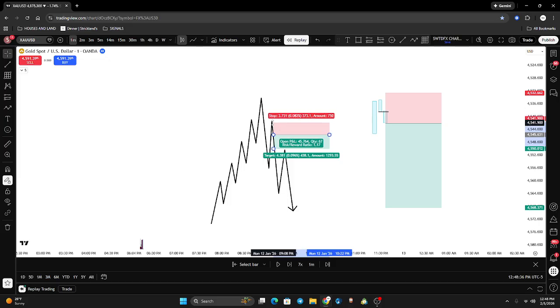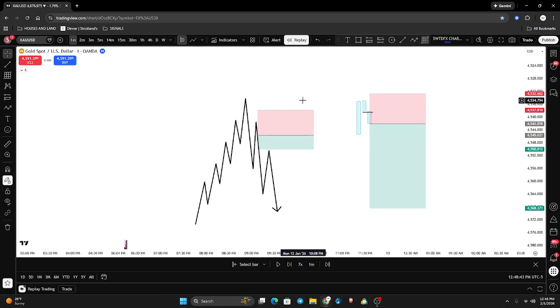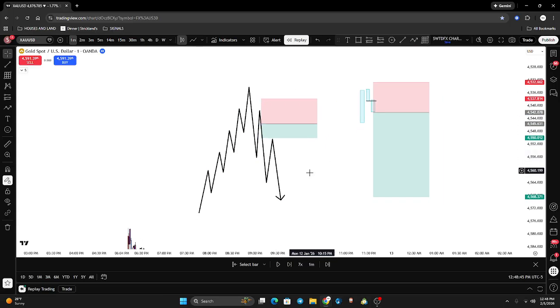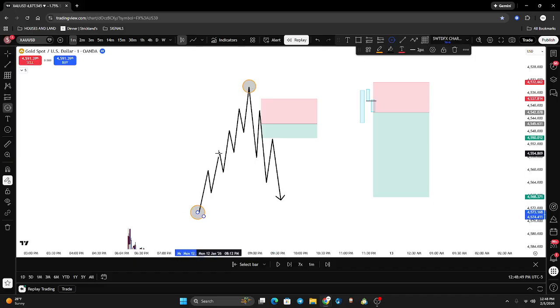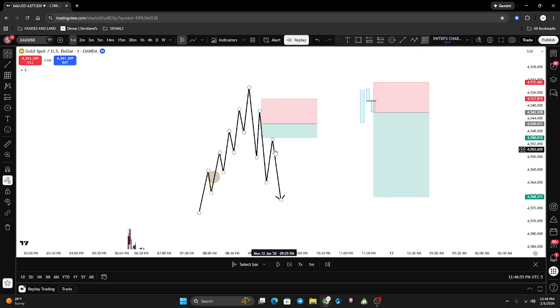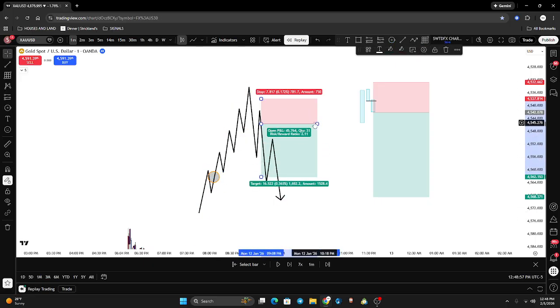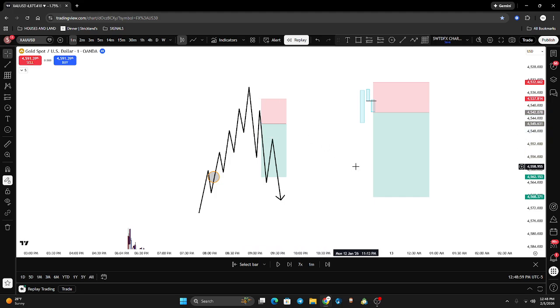You won't put it exactly where the move is happening because you don't want to get wicked out, but you'll put stop loss a little bit higher to the nearby dojis. This is the high, this is the low, this is the middle, and aim for the middle of the middle. All right, it'd be right there. And cool, that's your move.